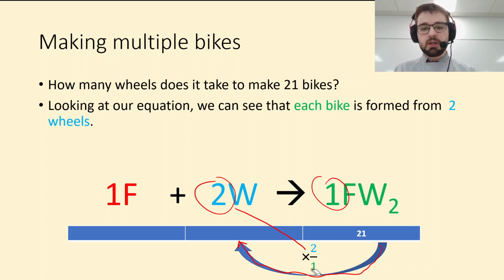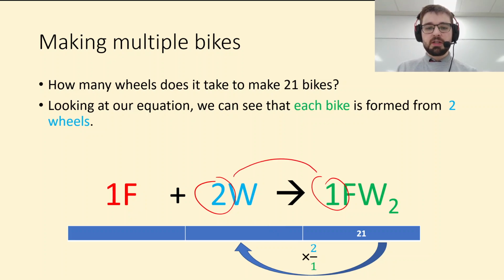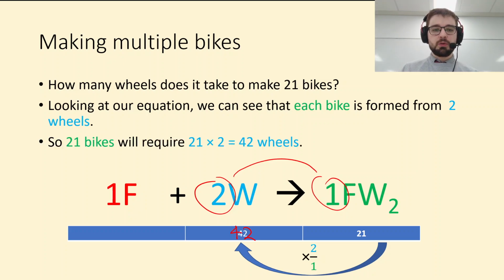The other way you could look at it is you could say there's a 2-to-1 ratio of the two numbers here. There's twice as many wheels as there are bikes, so if we've got 21 bikes, therefore there must be 21 times 2, or 42 wheels.